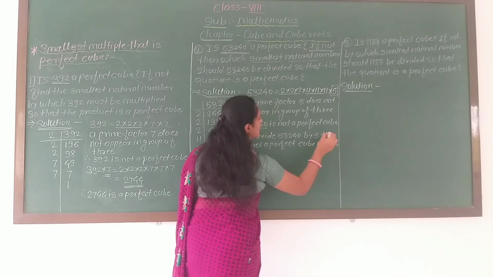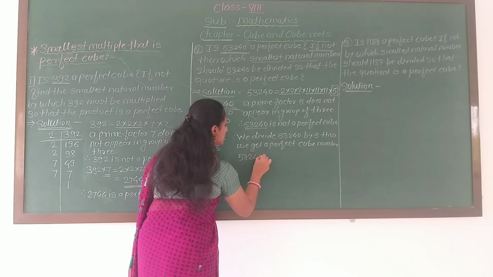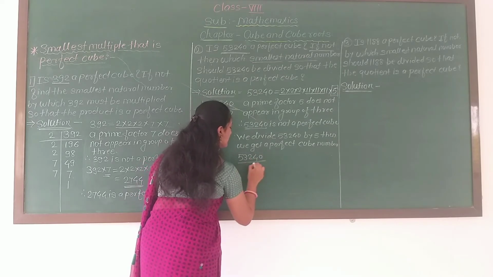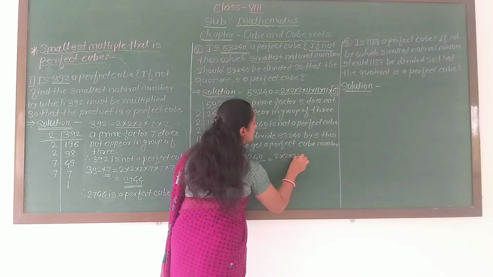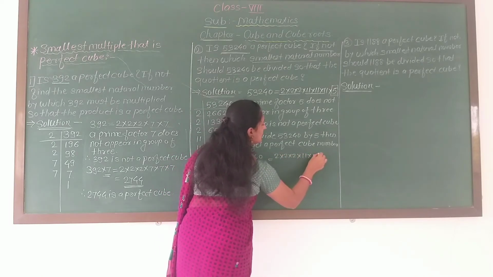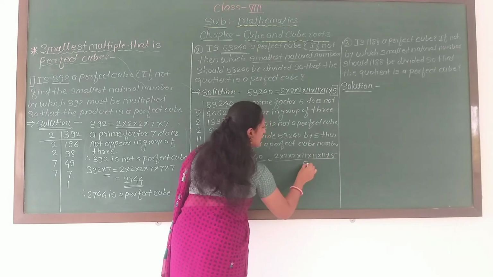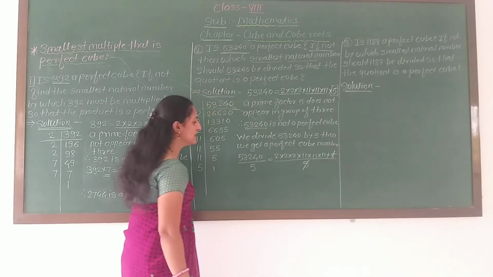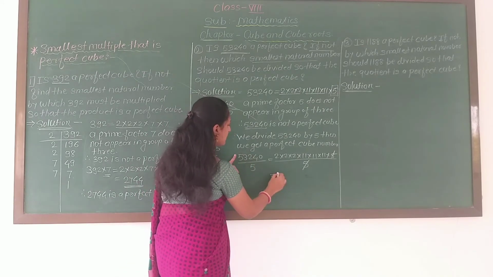So let us divide this number. 53,240 divided by 5. Here the prime factors are 2 into 2 into 2 into 11 into 11 into 11 into 5. Divide this number by 5, so this 5 and 5 will cancel. So what is the answer here? 5 1s are 5.